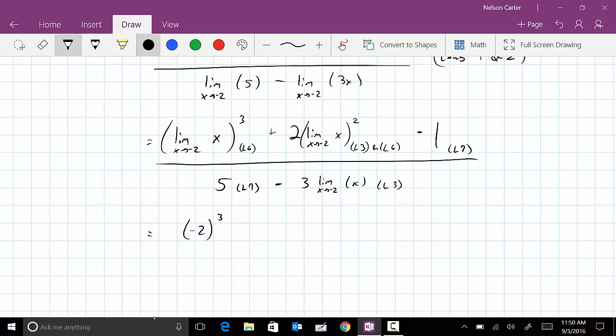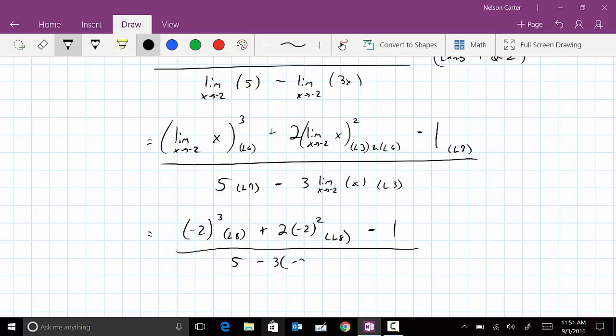That's law 8. So I use law 8, and then I have plus 2 times -2 all squared, and that's also law 8, and then minus 1, and that's all divided by 5 minus 3 times -2, and that's by law 8.